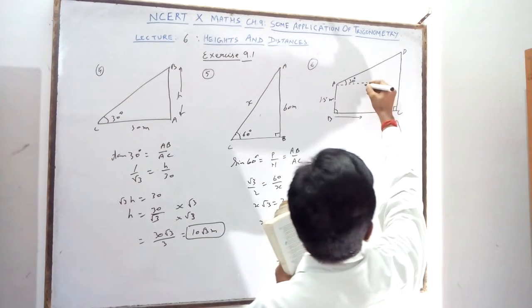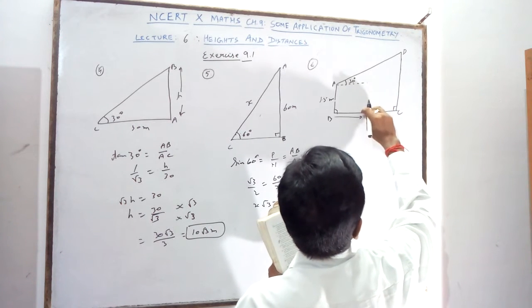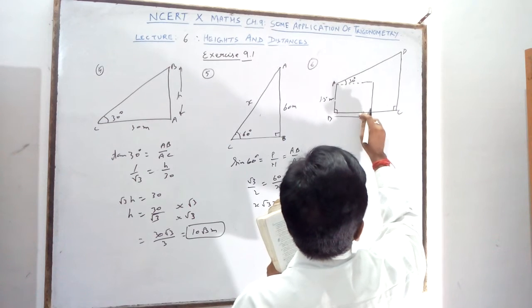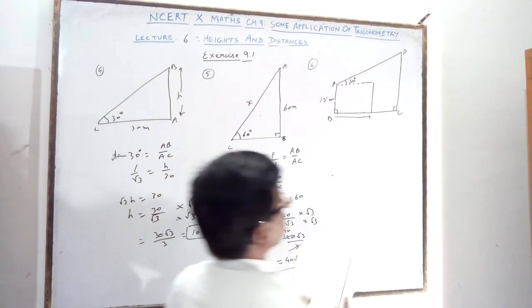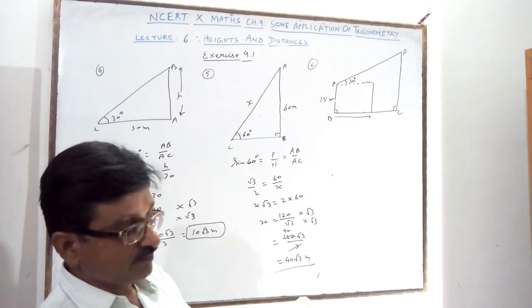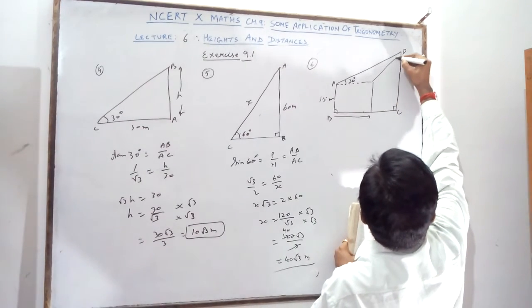Now he is at this place. He walks towards the building, and then the angle of elevation changes to how much? 60 degrees. Now it is 60 degrees.